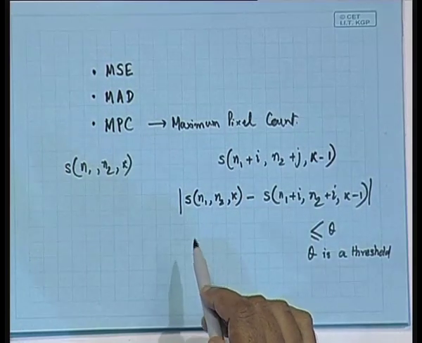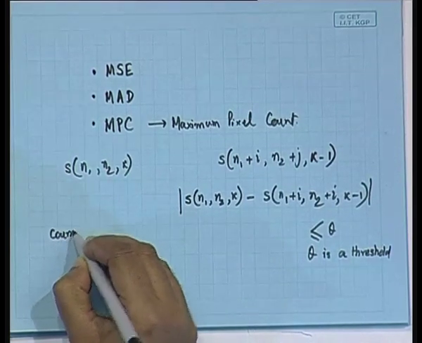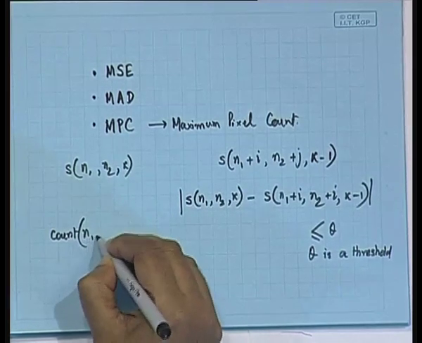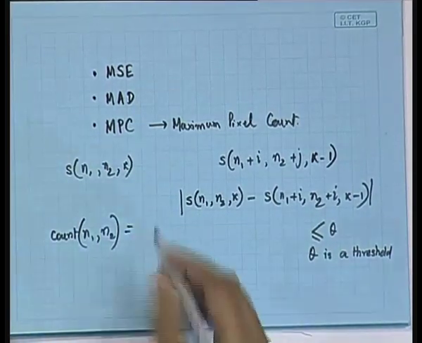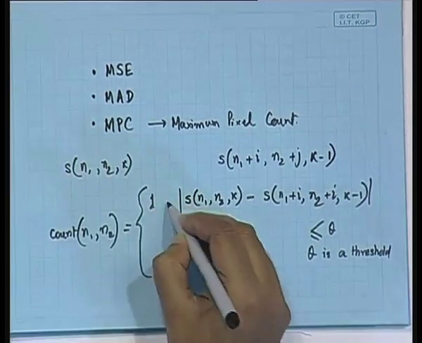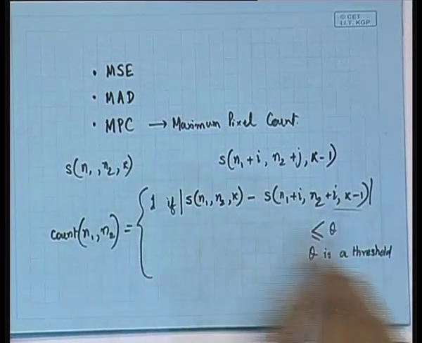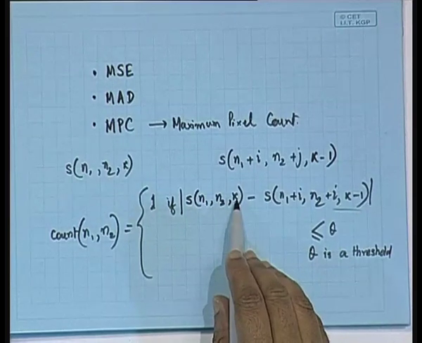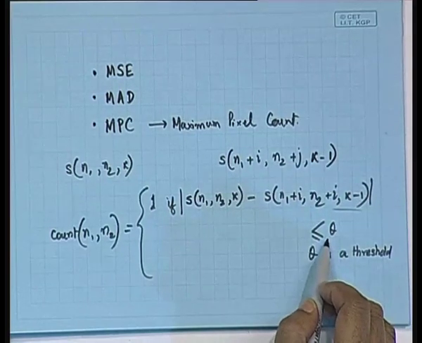So, we keep a count at the position (n1, n2). The count is a binary quantity, which assumes a value of 1 if the magnitude difference between the current frame k and the reference frame k minus 1 is less than or equal to theta.